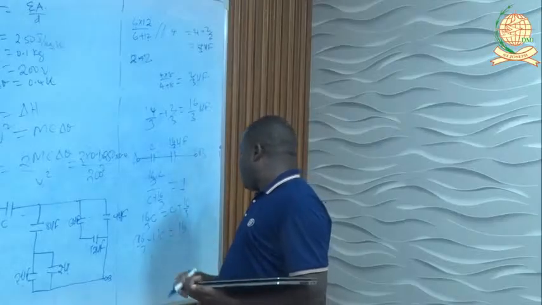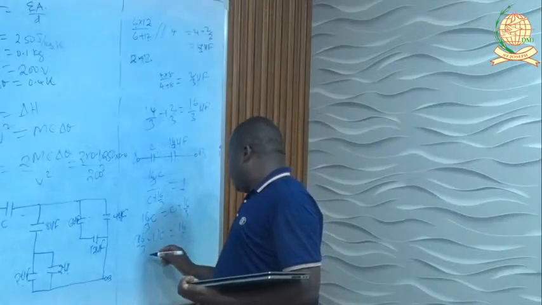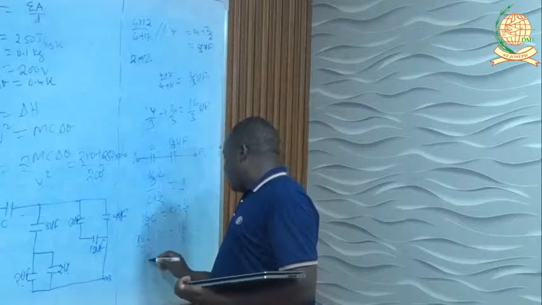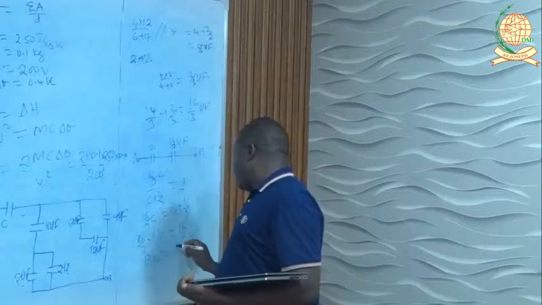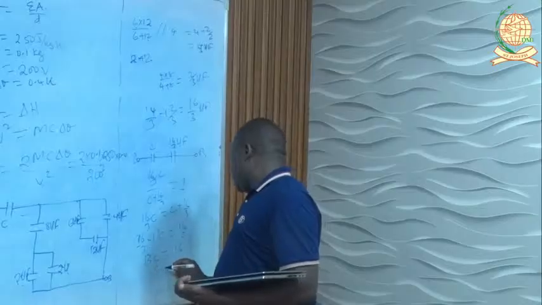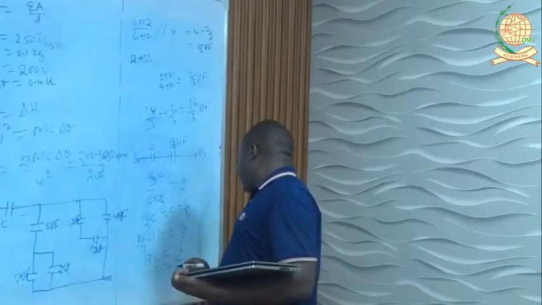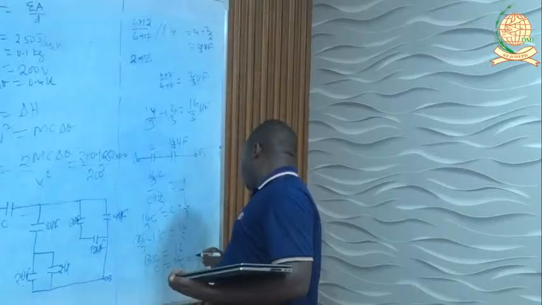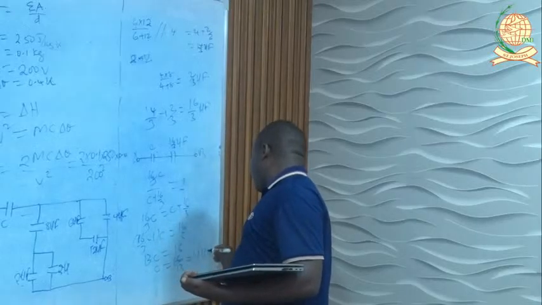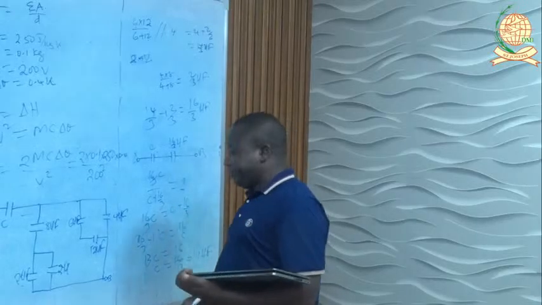If you multiply by 3 both sides, you have 13 C equals to 16. So C equals to 16 divided by 13, which is 1 point something microfarad.